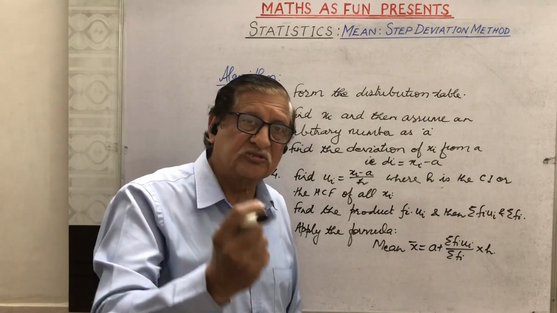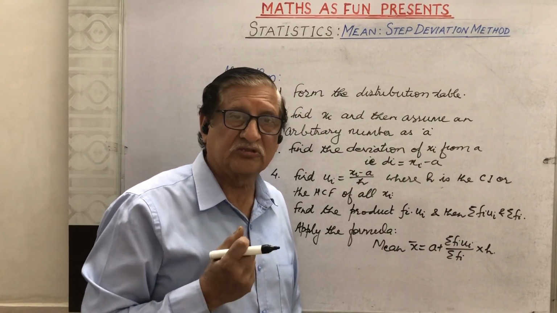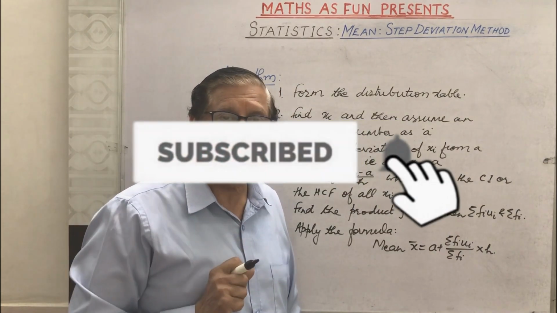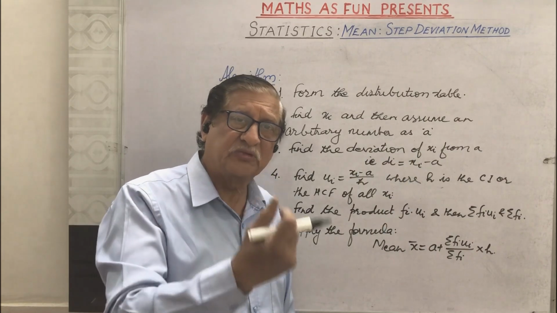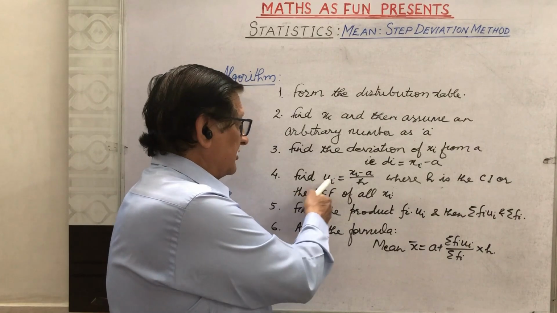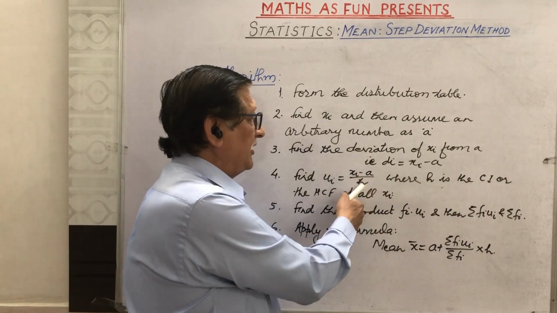That number we consider as h. That may be the class interval of the given distribution, or it may be the HCF of the di's, some number which may divide all the given di's. And then it is taken as ui. Ui is xi minus a upon h, or we can say di upon h.